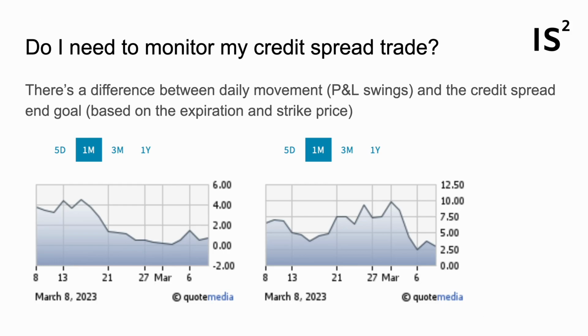So, do I need to monitor my credit spread trade? Again, no, you do not need to monitor your credit spread trade. Credit spread trades are basically meant to expire. But what I wanted to stress here is there's a difference between daily price movement, or the P&L swings you will experience in your account while holding a credit spread, and the credit spread end goal that's based on expiration and strike.